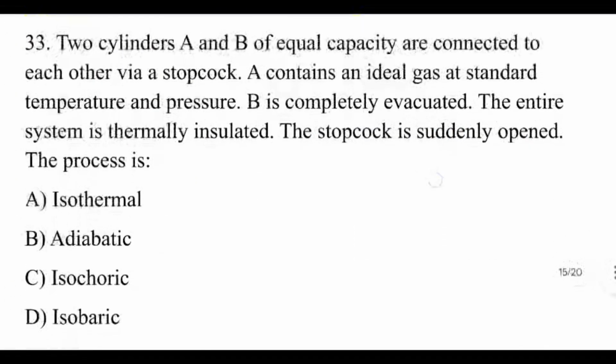Next, 33rd question. Two cylinders A and B of equal capacity are connected to each other via a stopcock. A contains an ideal gas at standard temperature and pressure. B is completely evacuated. The entire system is thermally isolated.